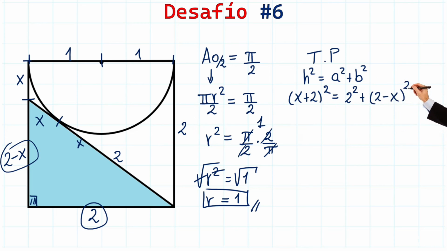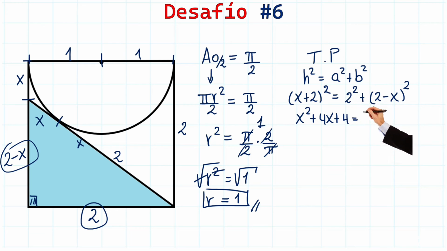Excellent. We can then expand these binomials. x squared, plus the double product of the first and the second, 2 times 2, which would be 4x, plus the second term squared, which would be 4. This equals 2 squared, which is 4, minus the double product 4x, plus the second term squared, which would be x squared.